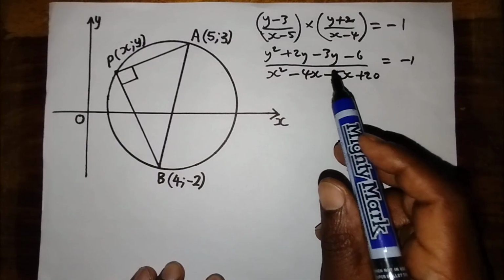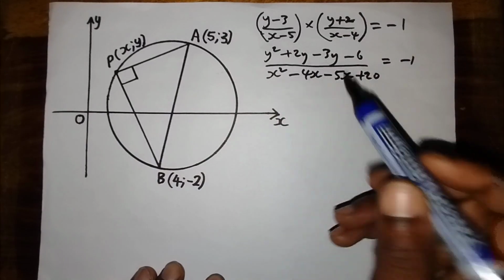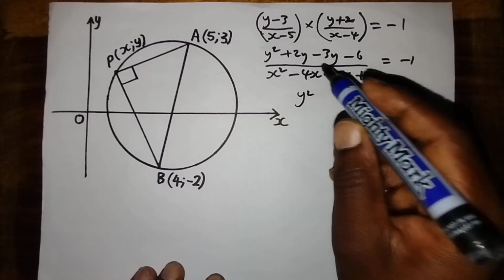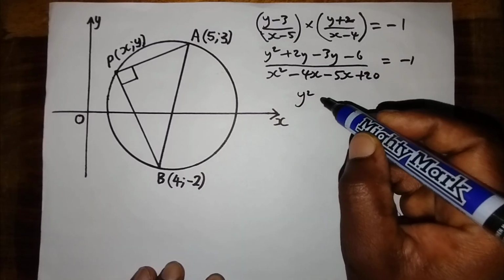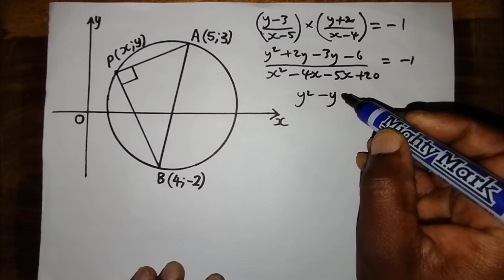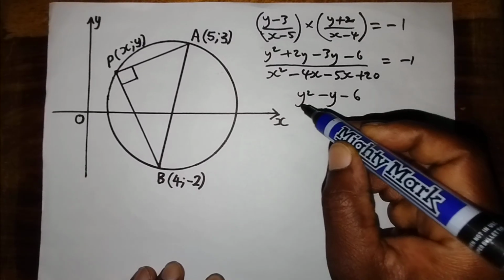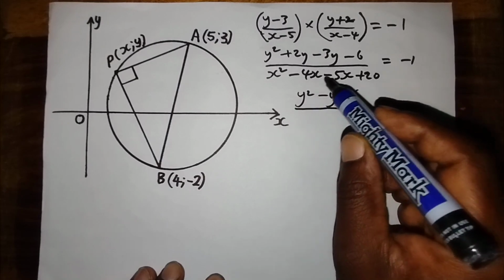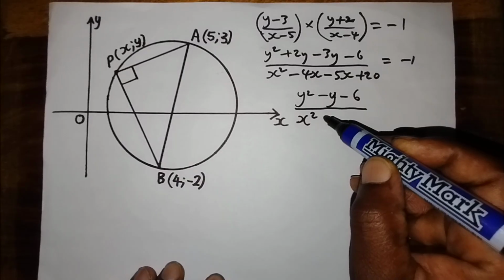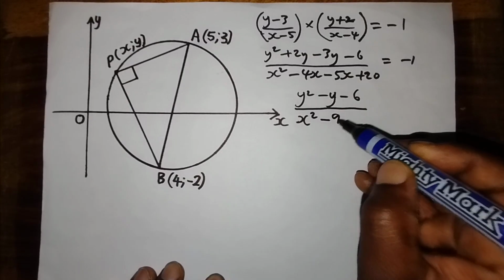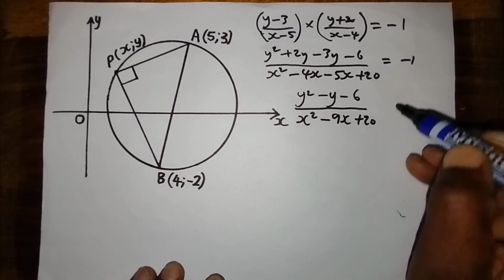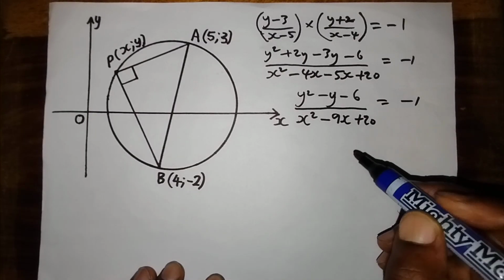Now we collect like terms on our numerator: y squared plus 2y minus 3y gives minus y, minus 6. And on our denominator we get x squared minus 9x plus 20 equals minus 1. And here we cross multiply.